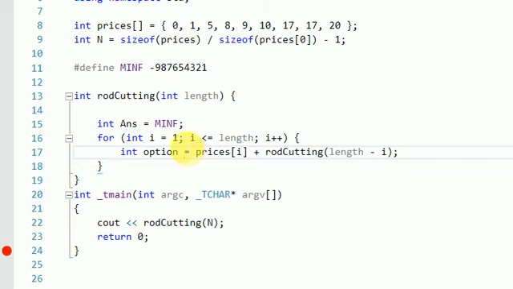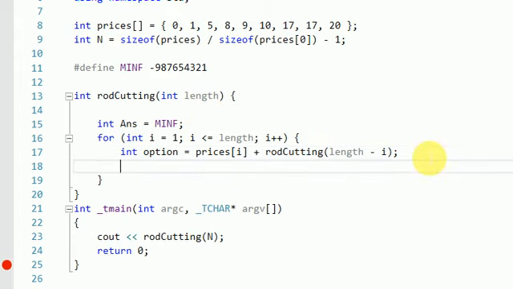So i is equal to 1. So 1 comma 7. So when you are going to sell the rod of unit length 1, you are including that price, plus you are asking the recursive function to return what is the maximum output for rod cutting of length minus i. So you will get one option.